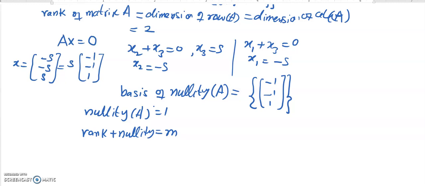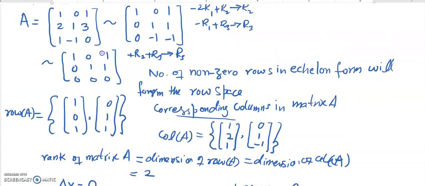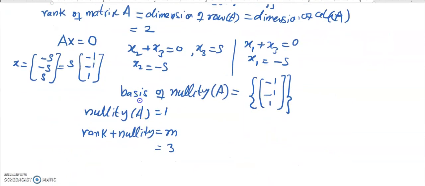It states that the rank plus nullity is equal to m, where m is the number of columns of the matrix. We can see that m was 3, because originally we took a 3 by 3 matrix. Rank was 2, and nullity was 1. So 2 plus 1 is equal to 3. So the rank nullity theorem.